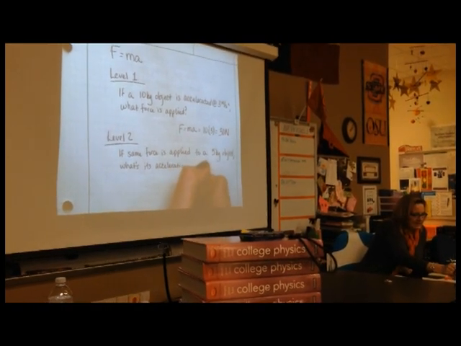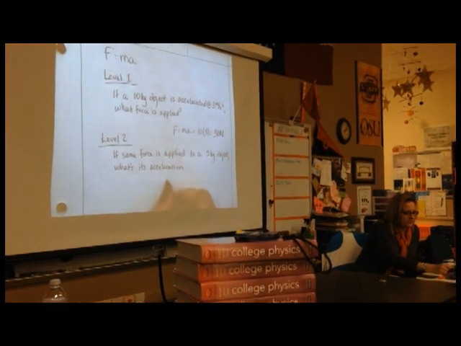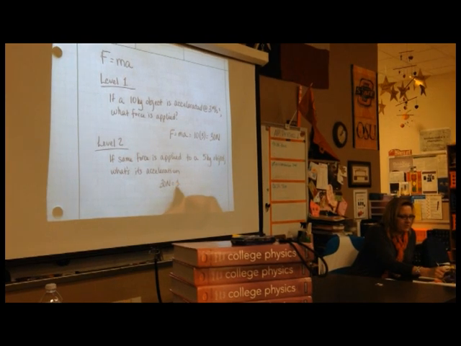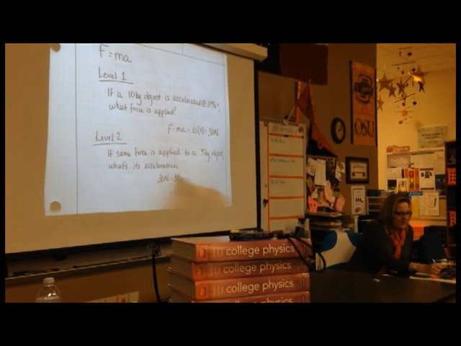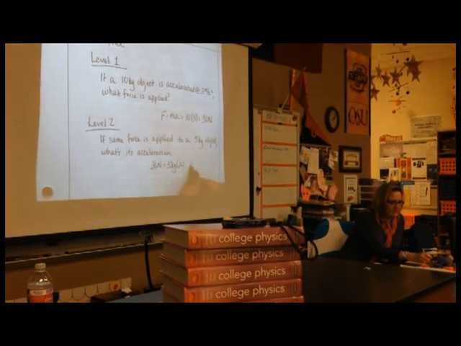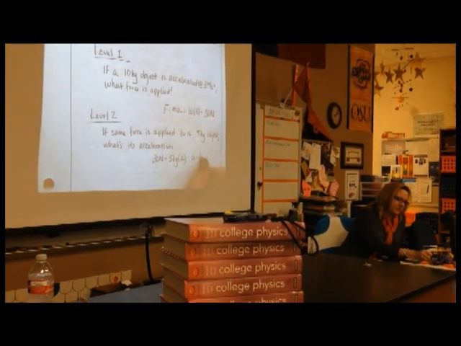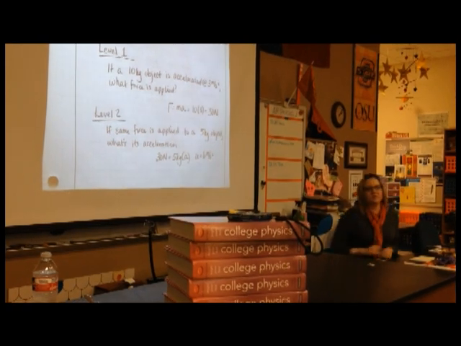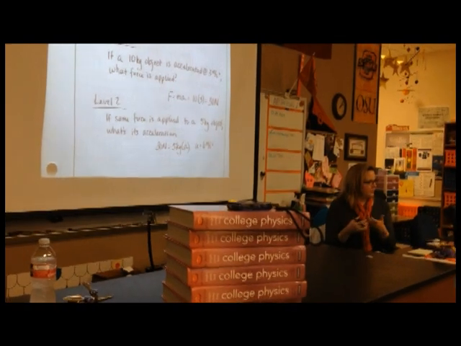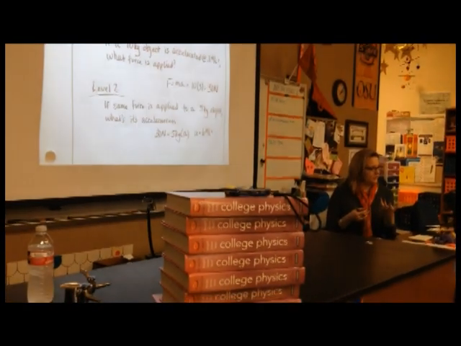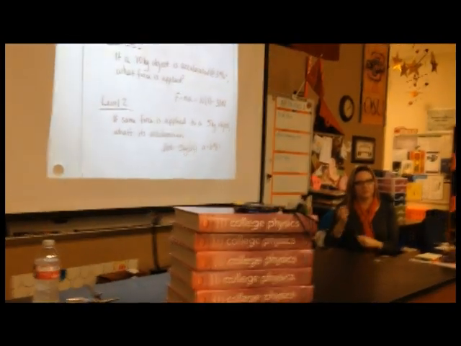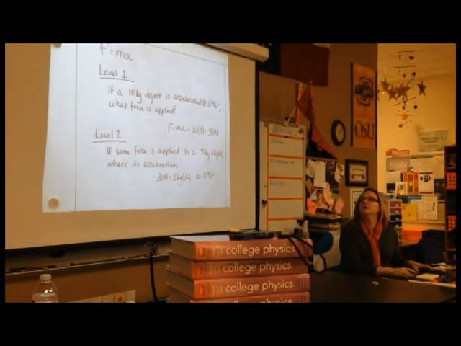And in that case, we would use the same force, 30 newtons, we would put in our new mass and solve for acceleration. And we would have an acceleration of 6 meters per second squared. And so you may be given a double situation where you have to solve for the force in the first situation, and then that same force is then used in a second situation. Okay.